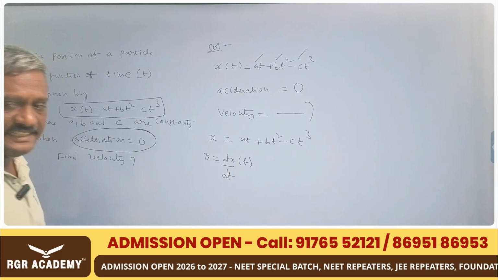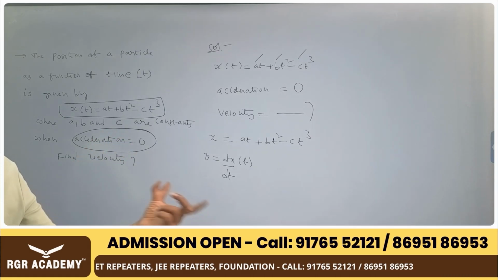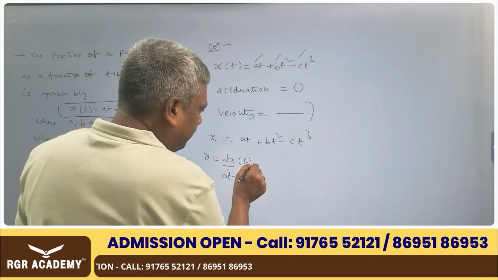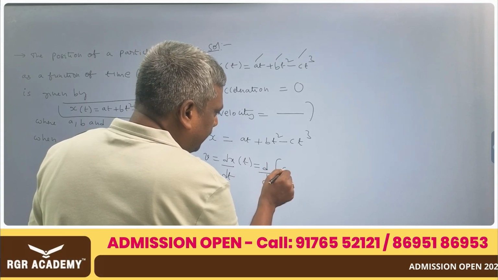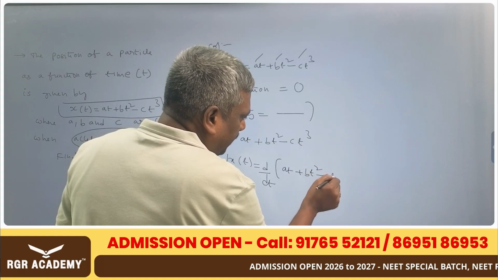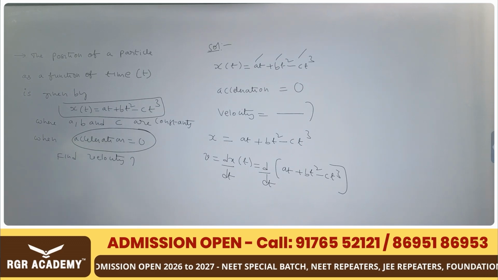Of course, x is a function of time t, given in the question. So the value becomes d by dt of at plus bt square minus ct cube. Totally it contains 3 terms.